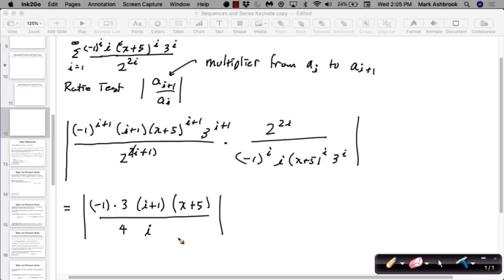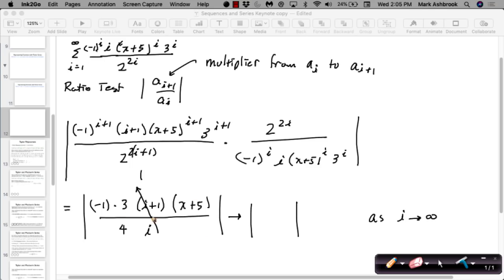And we're asking what happens when i gets big, right? As i gets big, what happens to this? The absolute value of negative 1 goes away, right? What about i plus 1 over i? Goes to 1. What about 3/4 and x plus 5 as i gets big?